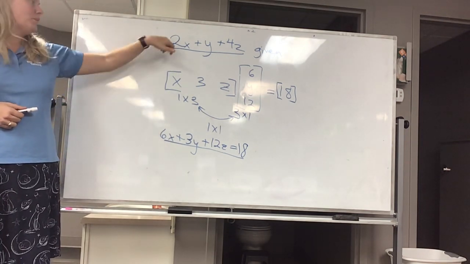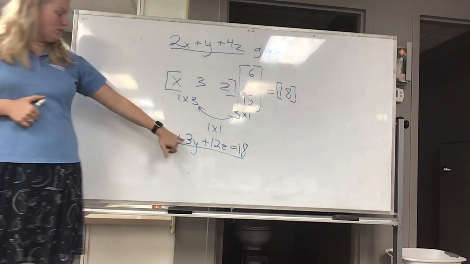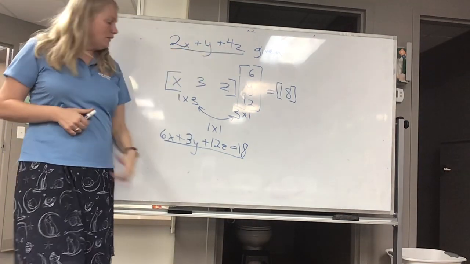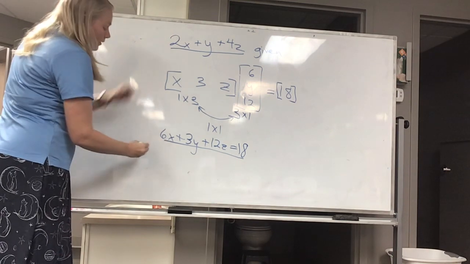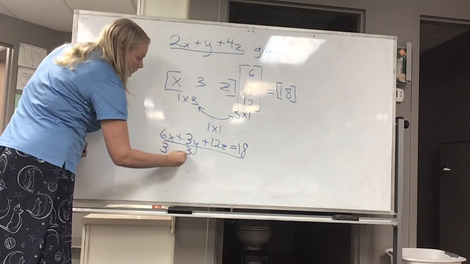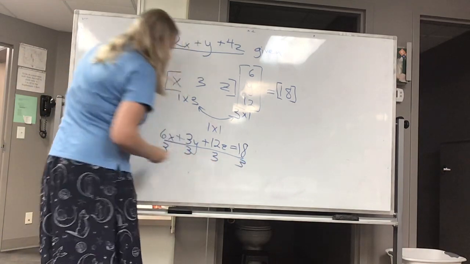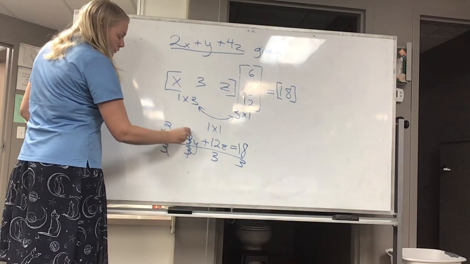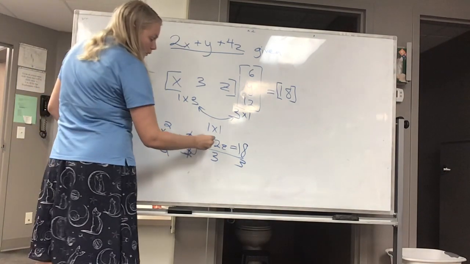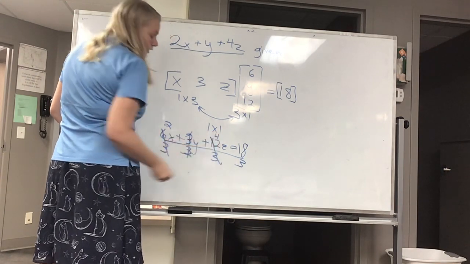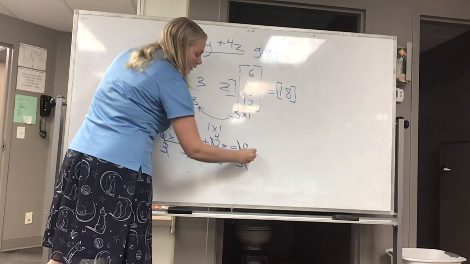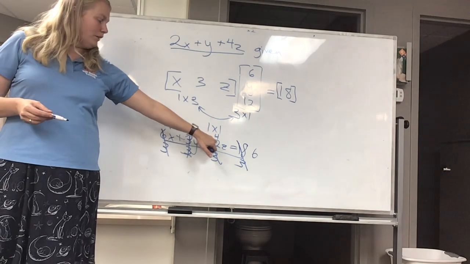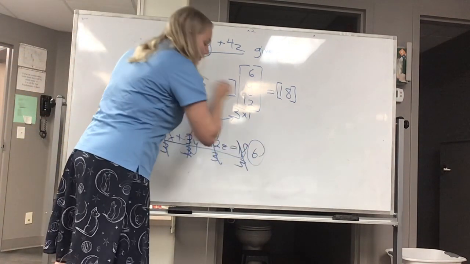Or what would we do to 6 to get back to 2? 3y divided by 3 is y. 12z divided by 3 is 4. And so we are going to divide everything by the 3. So 6 divided by 3, 2x. 3 divided by 3, 1y. 12 divided by 3, 4z. 18 divided by 3 is 6. So 2x plus y plus 4z is 6.